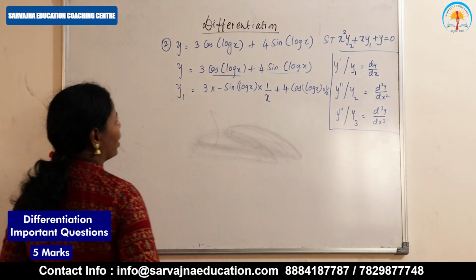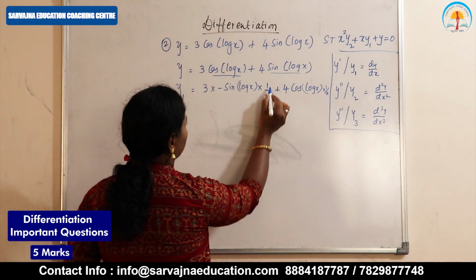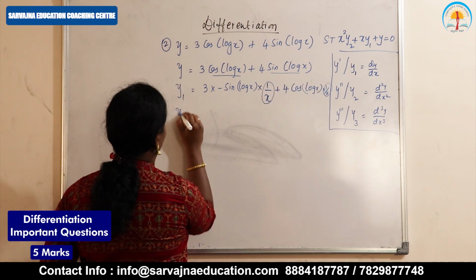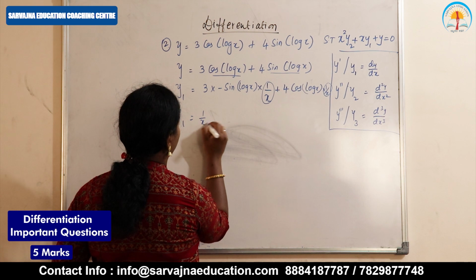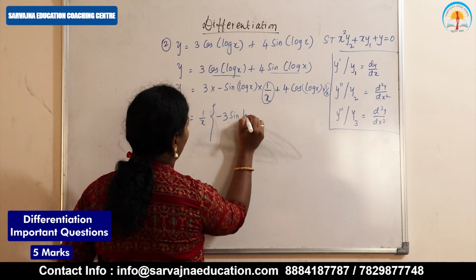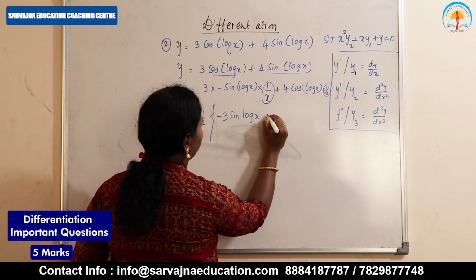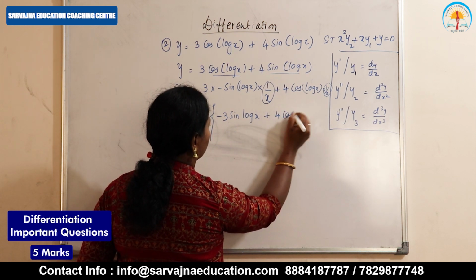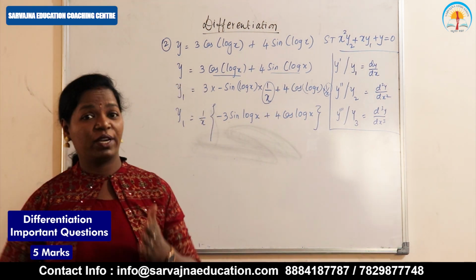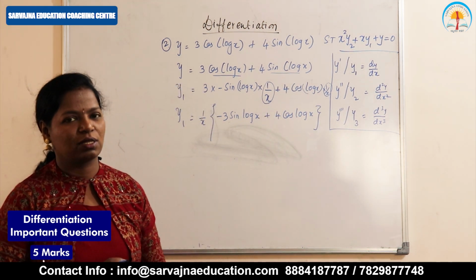Now can I take 1 by x common here? See, here also 1 by x is there, here also 1 by x is there. I can take it common. So y1 is equal to 1 by x of minus 3 sine log x plus 4 cos log x, correct? So in the previous problem we did the cross multiplication, the same way.